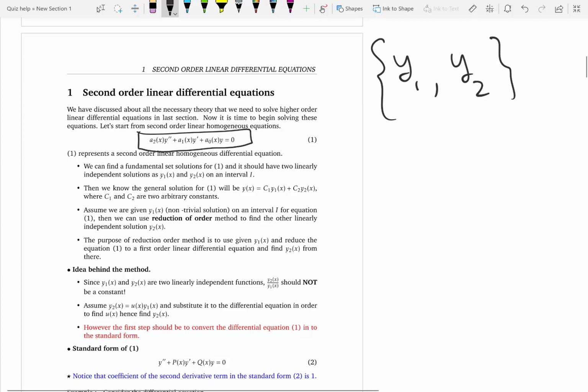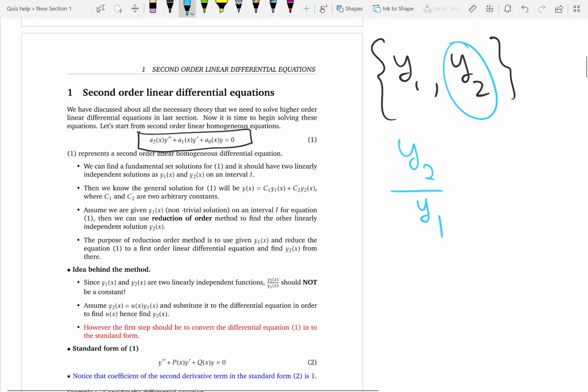Good. Now we can write that statement in a different way. Think about this. I am going to take y2 and divide it by y1. Now you tell me, what should we not expect? If you divide y2 by y1, what should we not get?